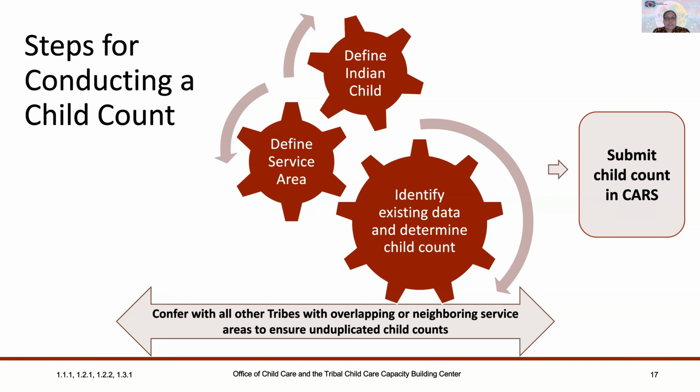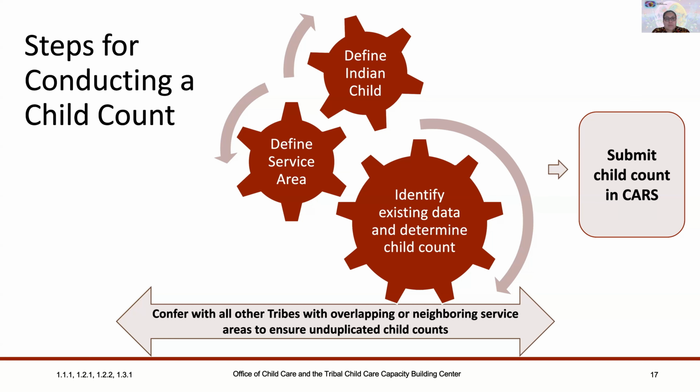Your data source must align with your definitions. Tribes would then use that information to determine their unduplicated child count and work with all other tribal CCDF lead agencies who have neighboring or overlapping service areas during this process.